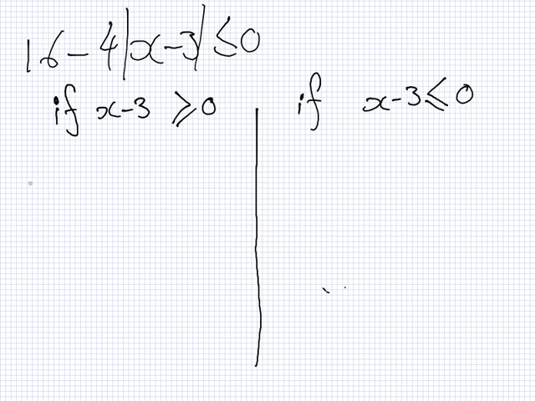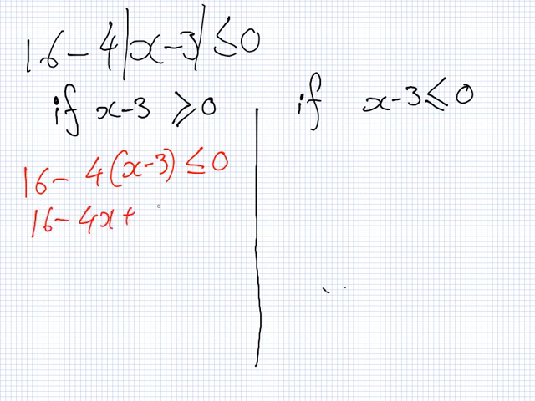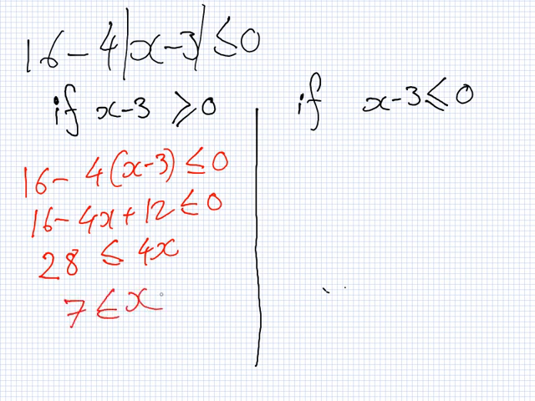So we have 16 minus 4 times x minus 3 less than or equal to 0. This you've done. Easy peasy. 16 minus 4x plus 12 less than or equal to 0. 28 less than or equal to 4x. x must be bigger than or equal to 7.